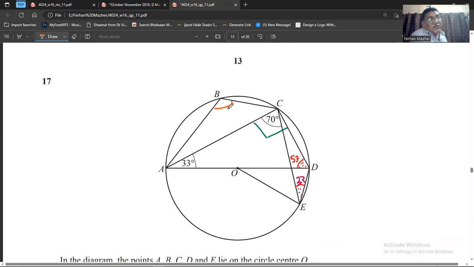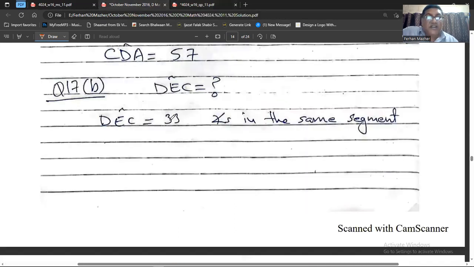So all vertices are on the circumference of the circle, so we call it a cyclic quadrilateral. And the angles on the opposite corners, their sum is 180. That's the rule. We call it the angles in the opposite segment are supplementary.